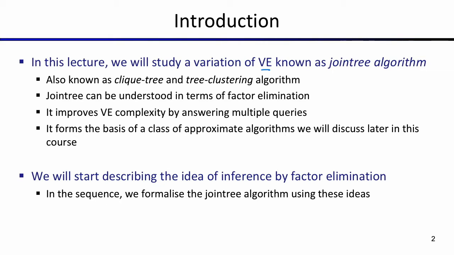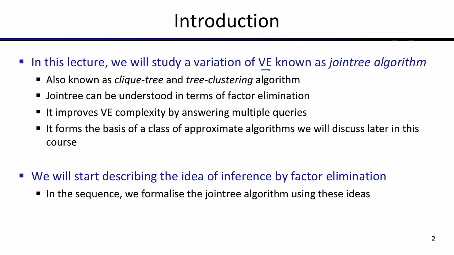They're going to be approximate algorithms, but they can provide good results with less time for doing the computations. We're going to start this lecture by discussing the idea of factor elimination, and we're going to improve our initial algorithms until we get to the final Jointree algorithm. And we're going to see a few examples of this algorithm working for both Bayesian and Markov networks.